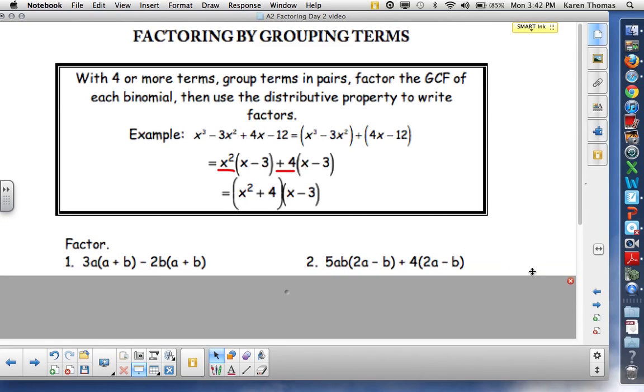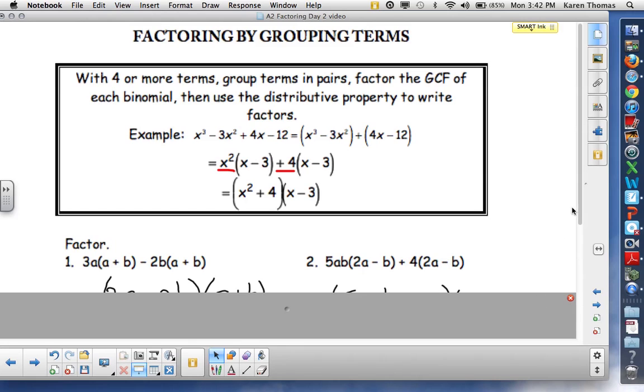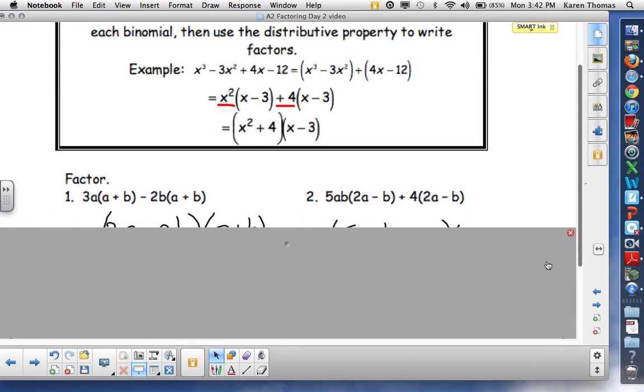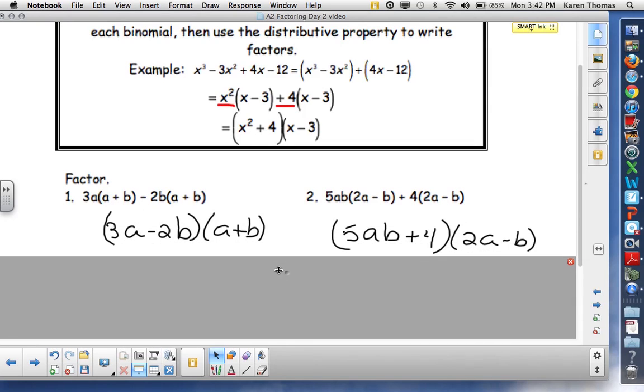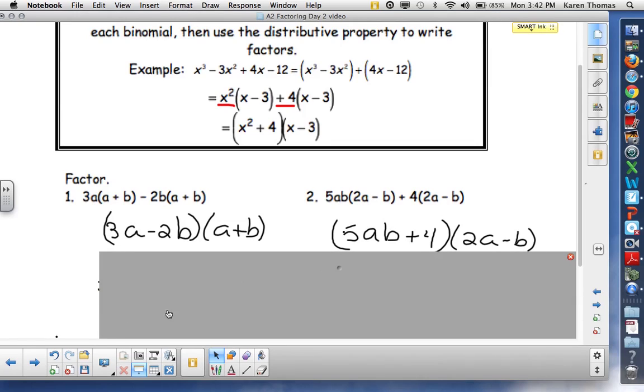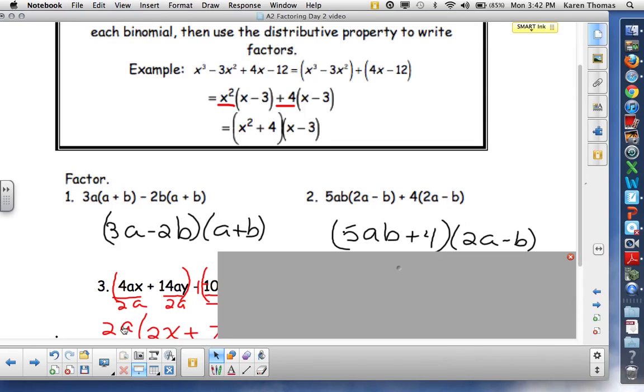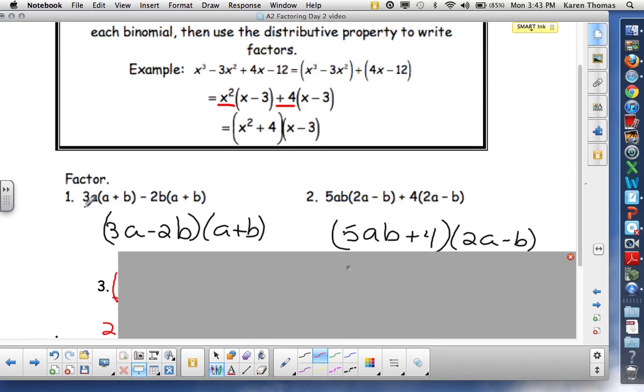Okay. So here I have another example for you. Actually, 2 more examples. Okay, the first one. Oh, it's already partially done for me. Look at that. I didn't notice that. Here we have a 3a times a plus b minus 2b times a plus b.